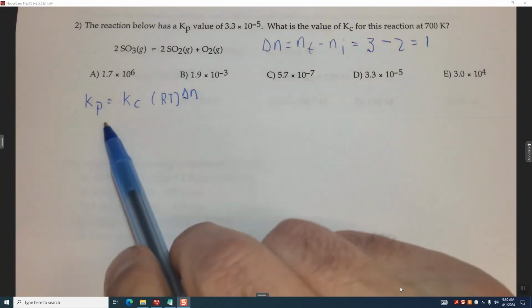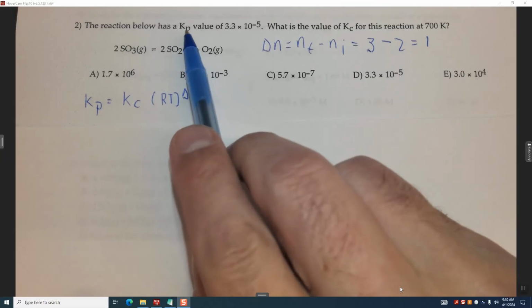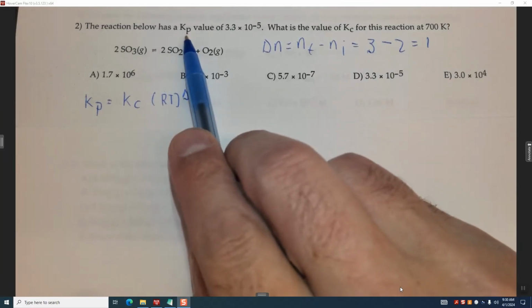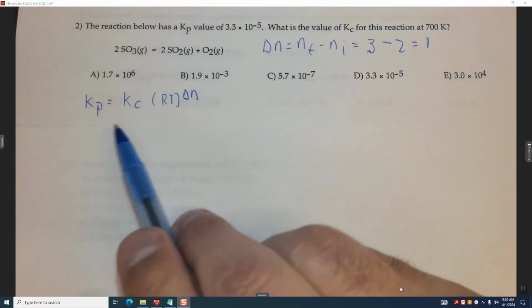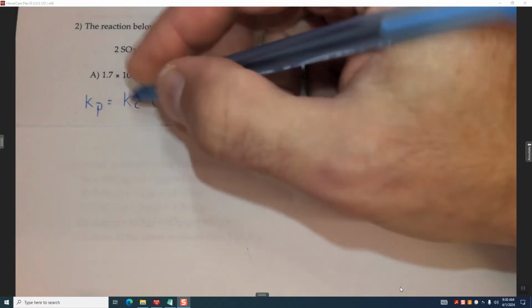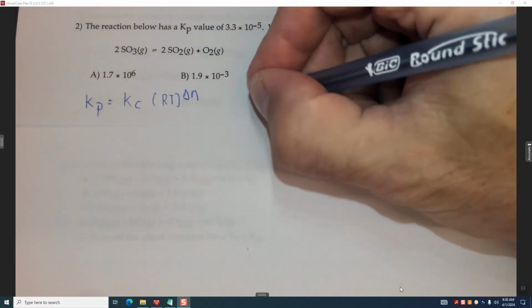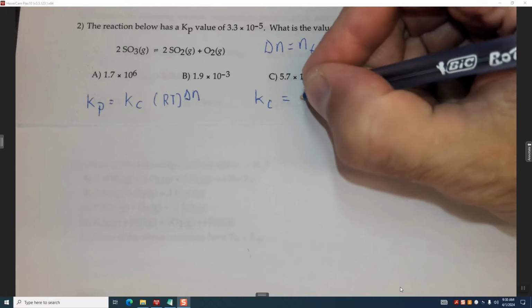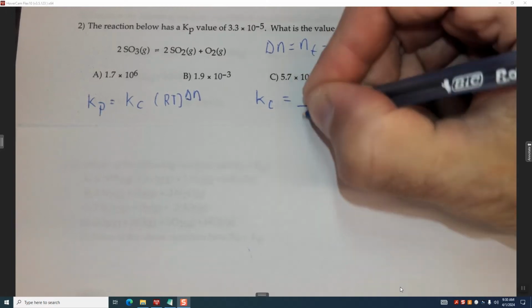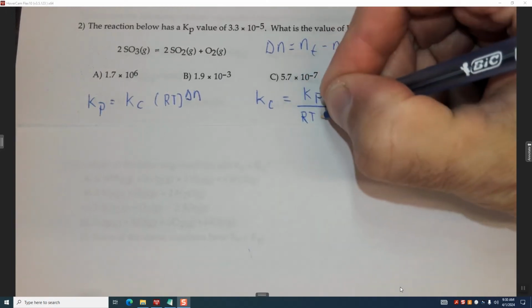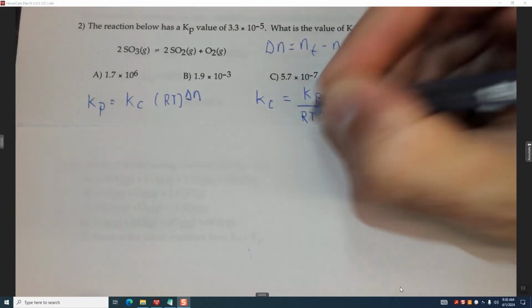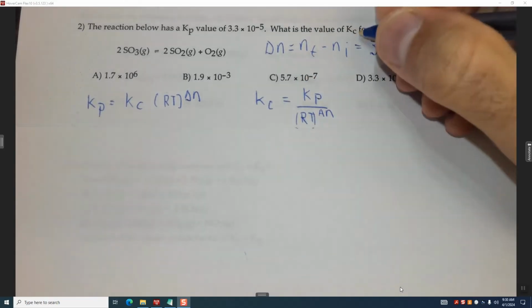Now we need to rearrange this, because in this case we're given the Kp, and we're asked for the Kc. So we have to divide both sides by RT to the delta N. And we find that Kc equals Kp divided by RT to the delta N.